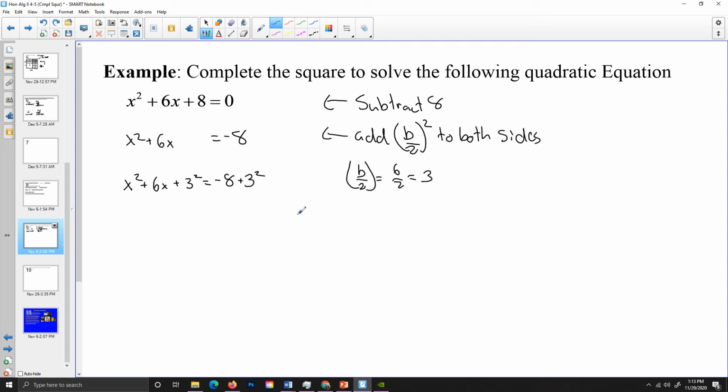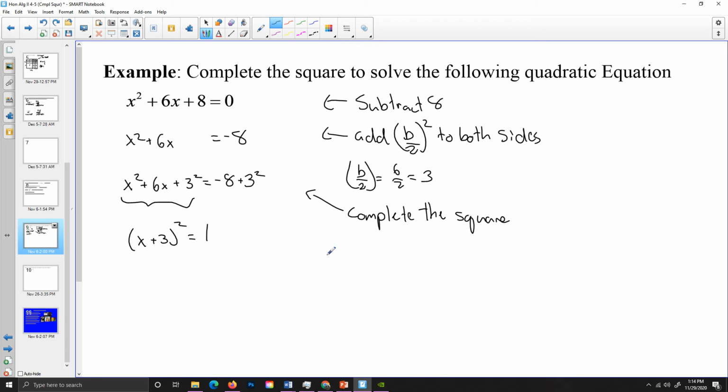And here we're going to complete the square. So this expression now is that perfect square binomial like we did in just the last section. It's x plus 3 quantity squared, and this side is going to equal, well, I get -8 plus 9 is 1.